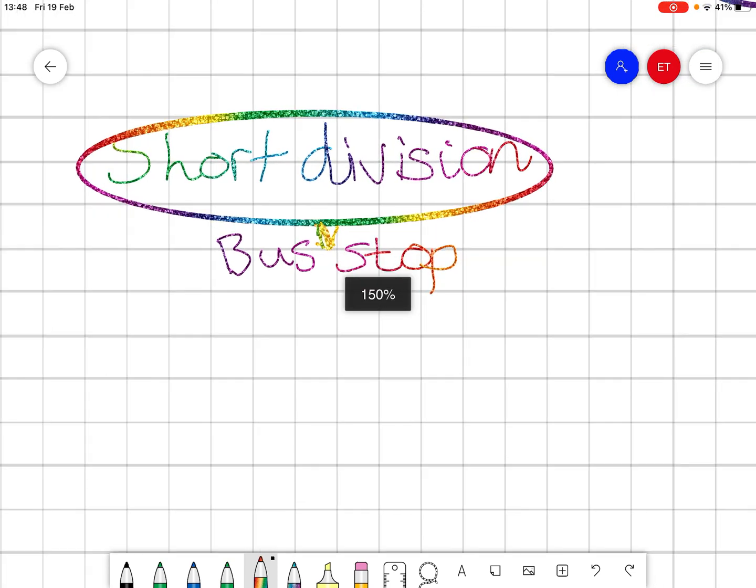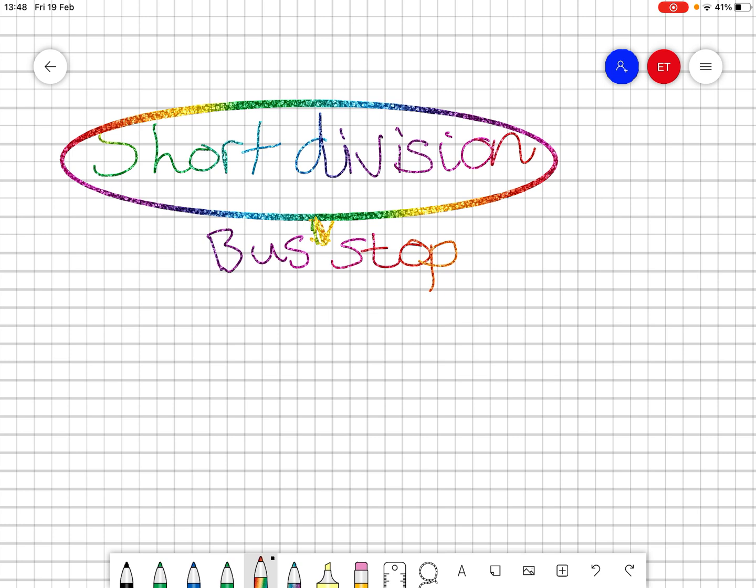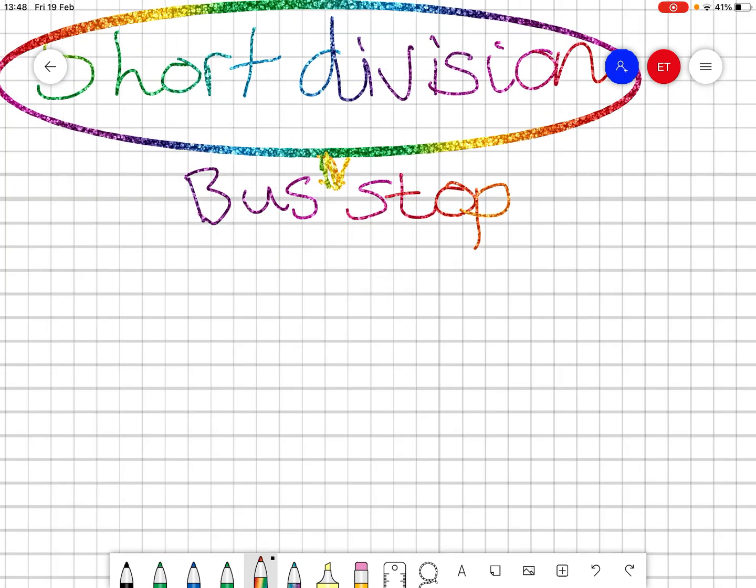So, we use this method for dividing bigger numbers. So, numbers outwith the times table. So, the way it works is you draw this here. Okay, so it's a little line and then a higher up line. And let's say I had the number 255.